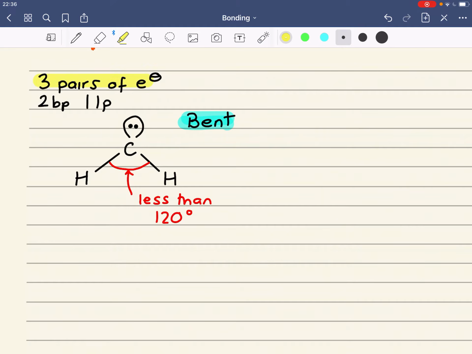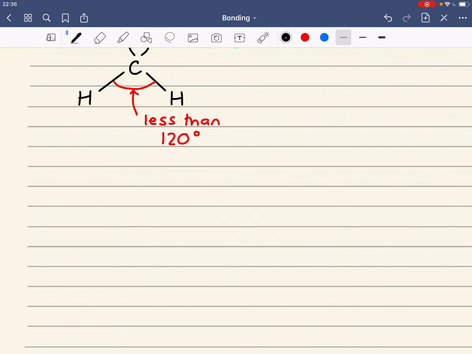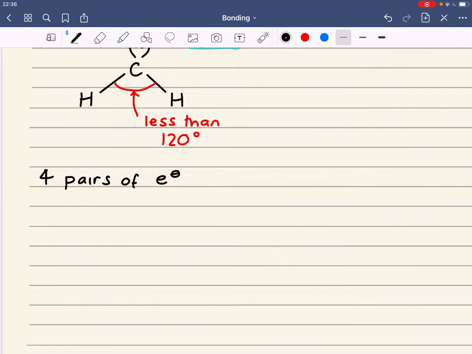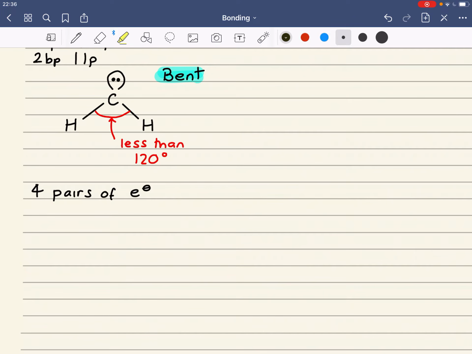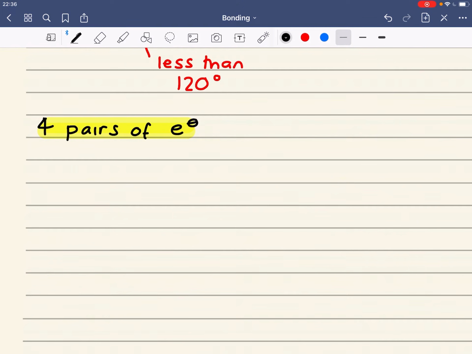So now we're going to have a look at where we've got 4 pairs of electrons around a central atom. And remember that this now is based on a tetrahedral. Now, if it had 4 bonding pairs of electrons, it would be a tetrahedral with a bond angle of 109.5.